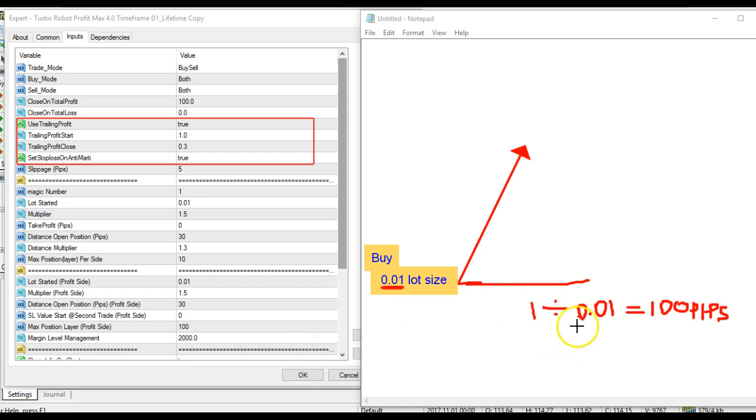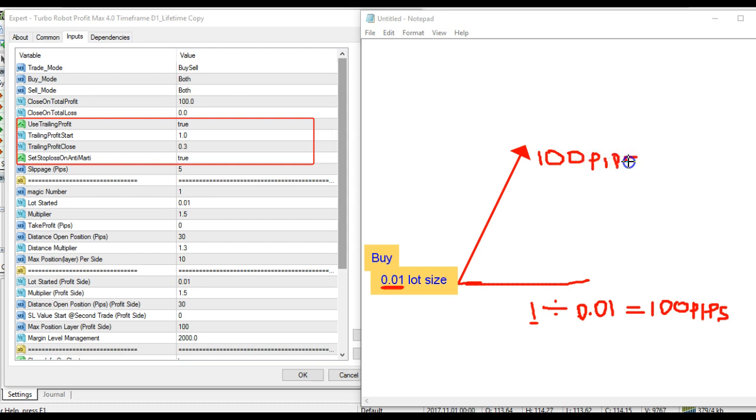If your lot size is 0.01 and you want a trailing profit of $1, you divide it by 0.01, so you need 100 pips. So this one here must be 100 pips. Let's say this is already 100 pips.